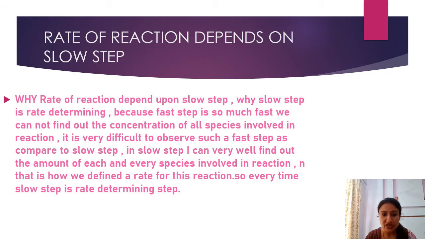It is very difficult to observe such a fast step as compared to the slow step. In the slow step, I can very well find out the amount of each and every species involved in the reaction, and that is how we define the rate of this reaction. So every time the slow step is rate determining.